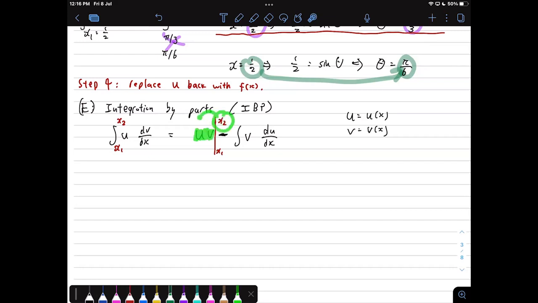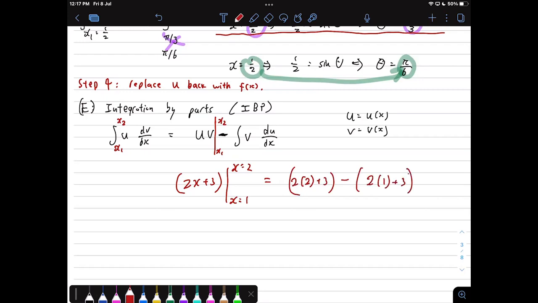You later sub in the x2, sub in the x1, and then you minus. For example, 2x plus 3, bracket, then draw a line, x equals 1, x equals 2. It's really just short form for saying 2 times (sub in the x with a 2) plus 3, minus away 2 times (sub in the x with a 1) plus 3. Right? This is an example.